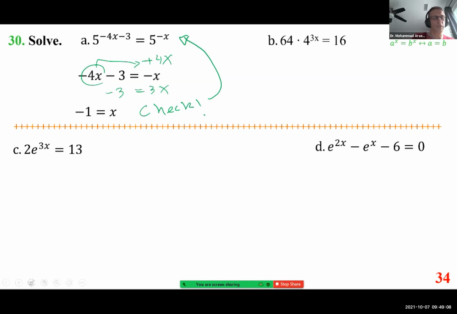When we look at part B, they don't seem to have the same base, but as we look at them, we notice, well, maybe we can use the base 4 for all of them. How do we do that? We know 64 is 4 cubed and 16 is 4 squared, so let's write it.